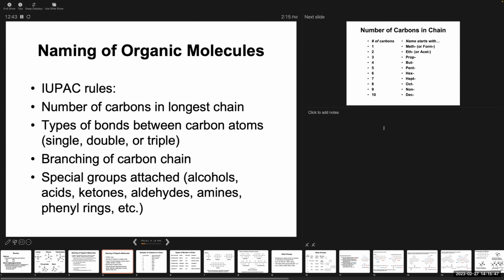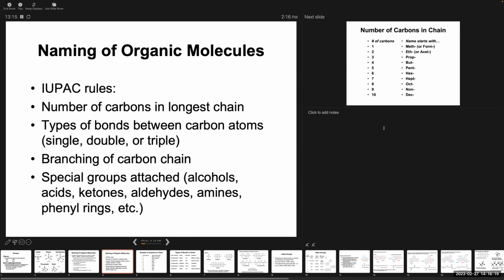So let me walk you through a few of the IUPAC rules so that you can at least begin to see how these names are constructed and learn how to name at least some basic organic compounds. So for organic molecules, typically the first thing you do when naming the molecule is you look to see if there's a chain of carbons in the molecule, a continuous chain of carbons that are covalently bonded to one another.